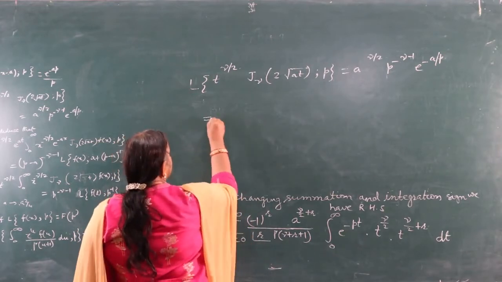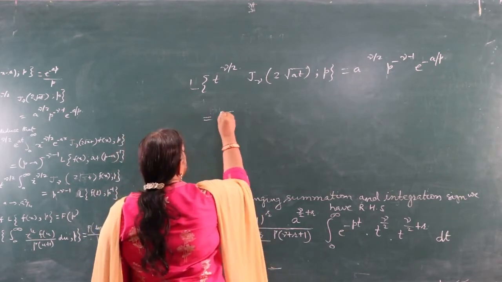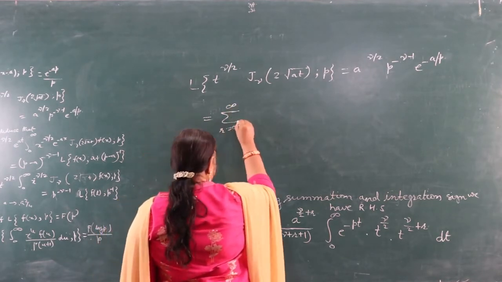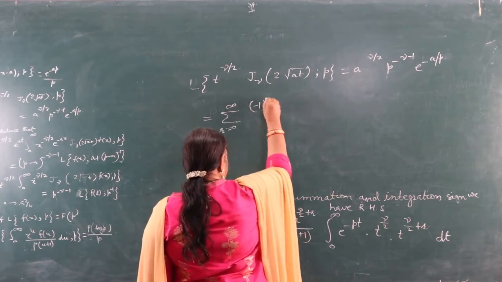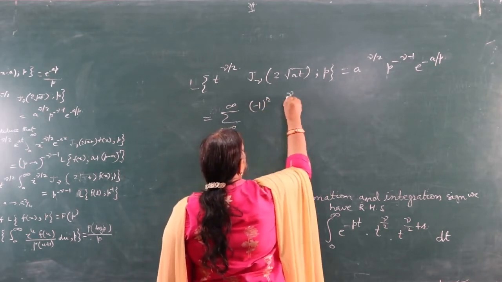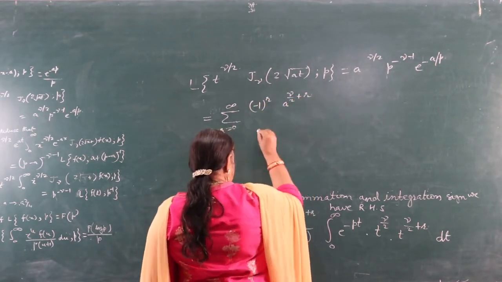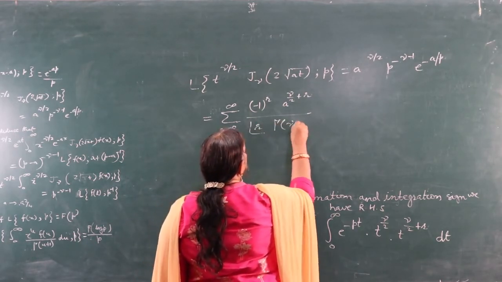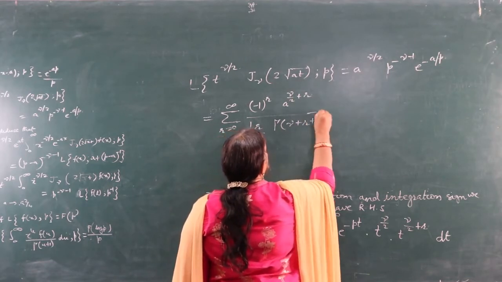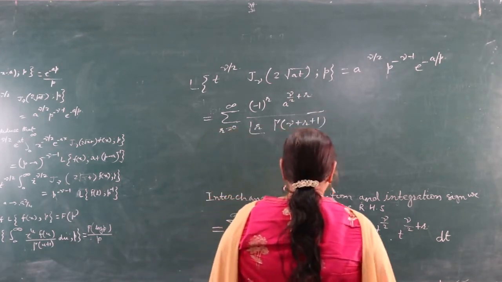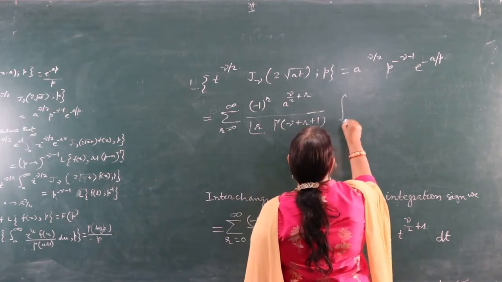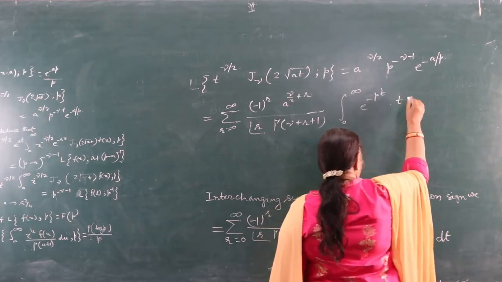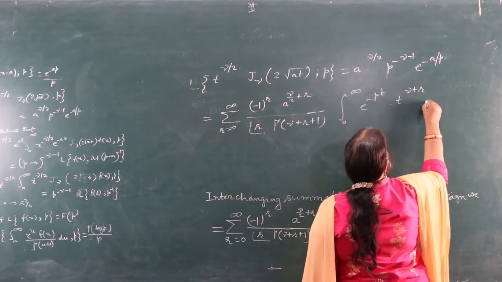So, left hand side is equal to summation r is equal to 0 to infinity minus 1 raised to power r a raised to power nu by 2 plus r divided by factorial r gamma nu plus r plus 1 integral 0 to infinity e raised to minus pt t raised to power nu plus r dt.